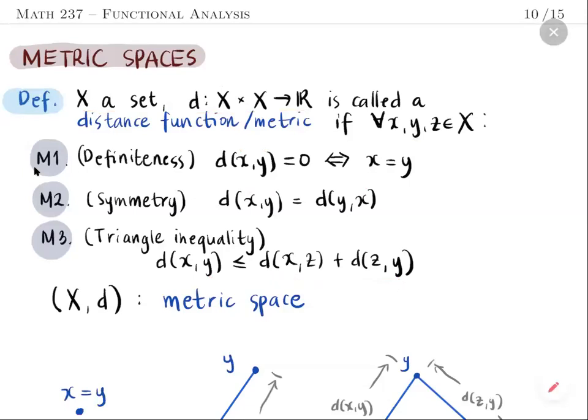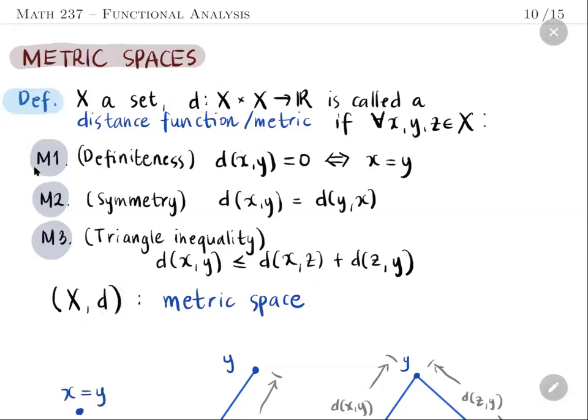And if we have a metric d on a set X, then we shall call this pair a metric space. Again, if d is clear in the context, then we shall refer to X as the metric space without referring to the metric itself.